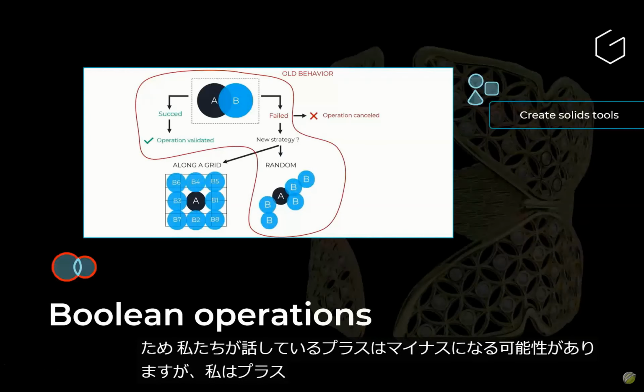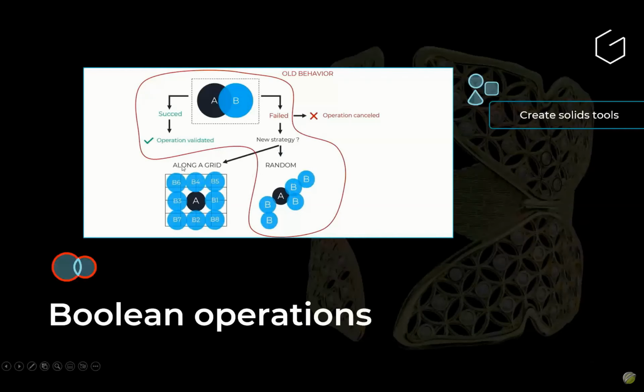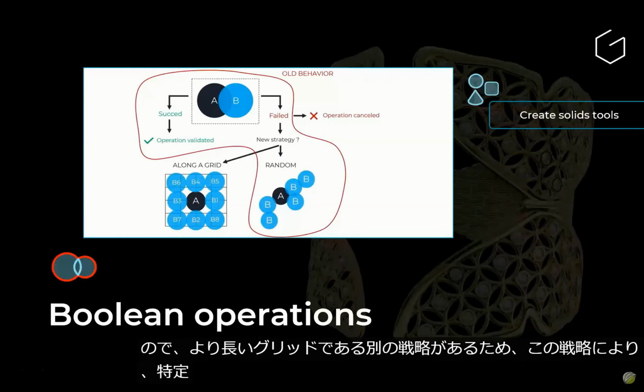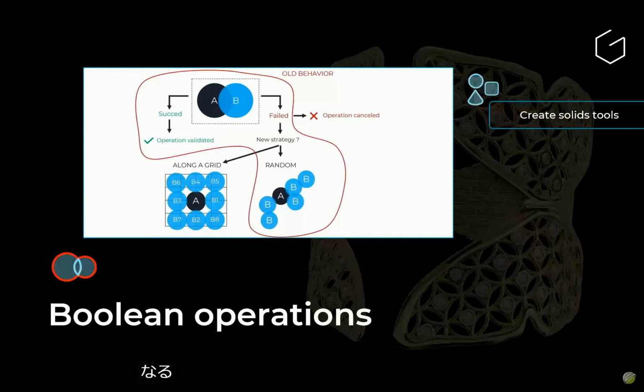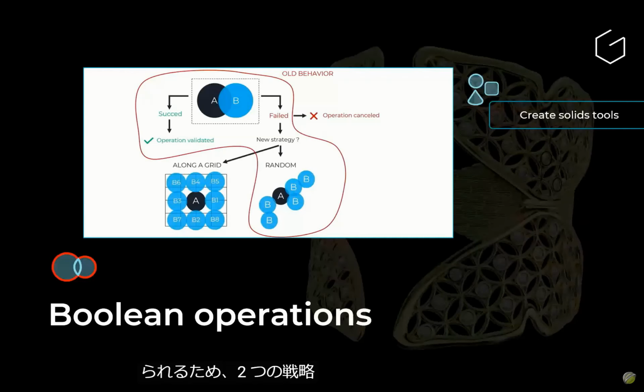It can be minus, but I'm talking about plus. Boolean operation add. And we have another strategy which is along a grid. So this strategy will allow you to be more accurate on certain Boolean operations, which can give more percentage regarding the success of your Boolean operations. So the two strategies are available.